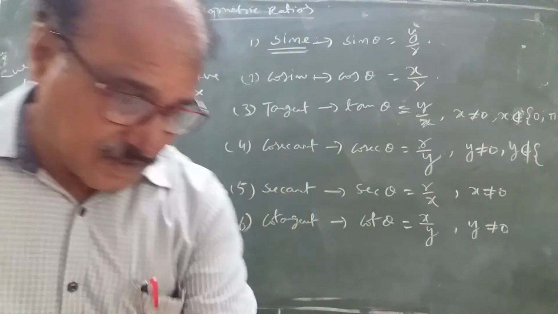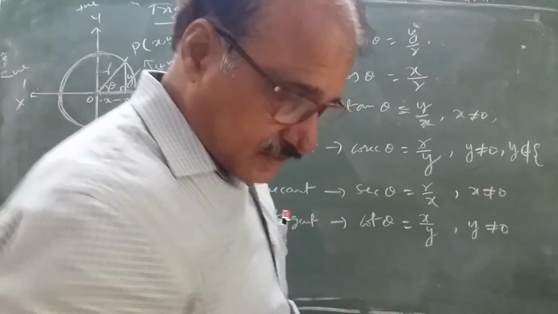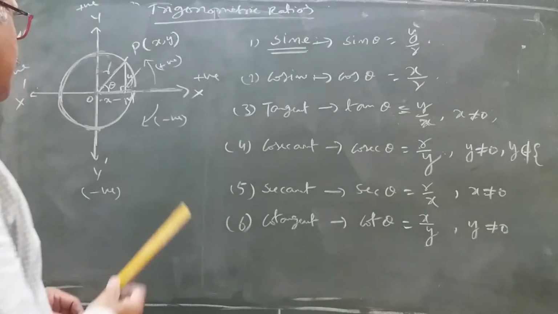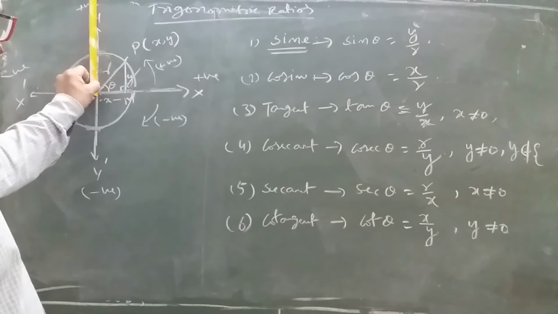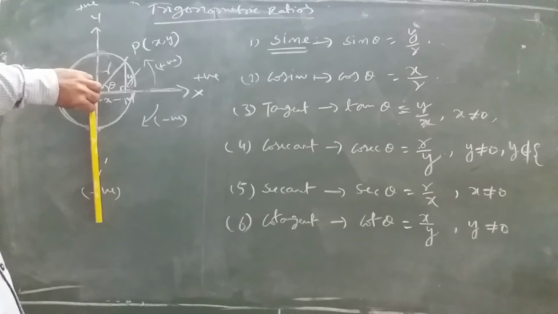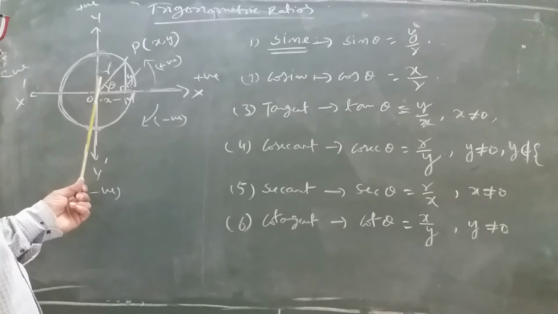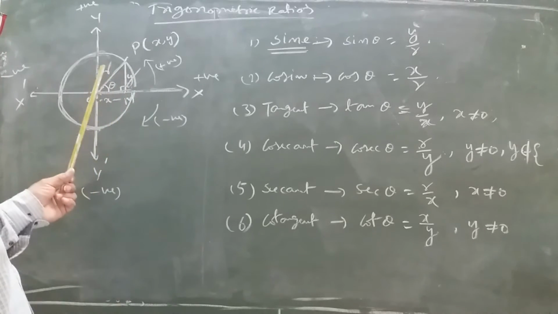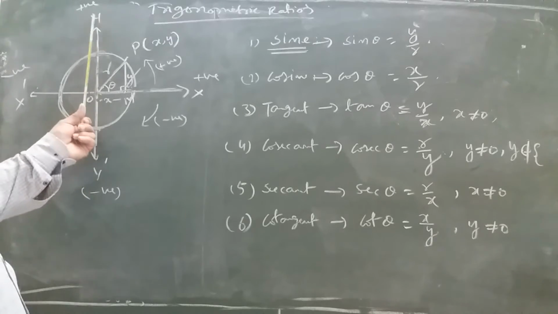Sorry, small change here. x not equal to 0 means: when x is equal to 0, the ray coincides with the y axis in the positive direction or negative direction, then the x coordinate is 0. So theta should not be equal to pi by 2.